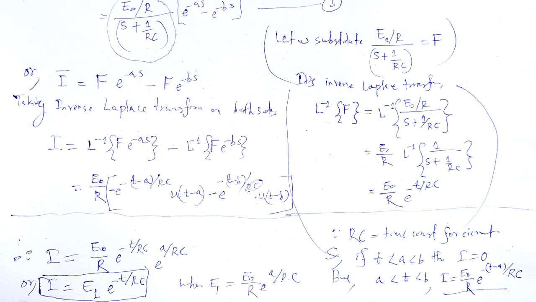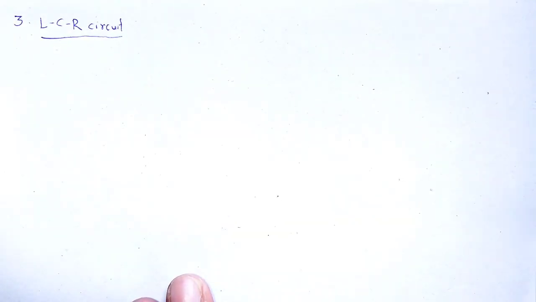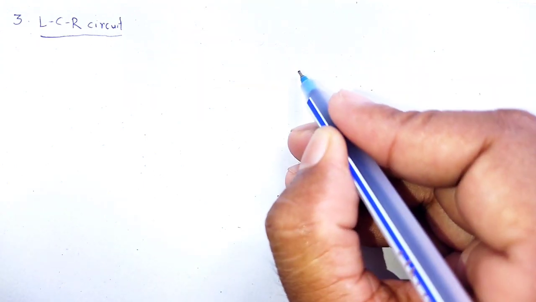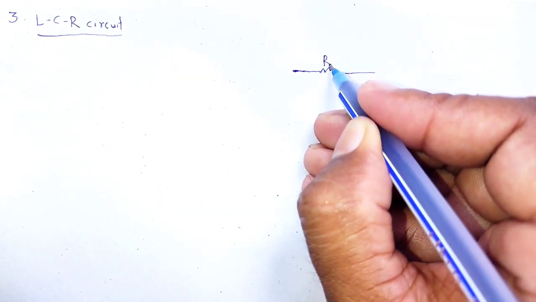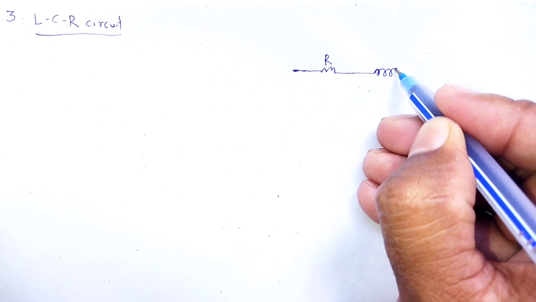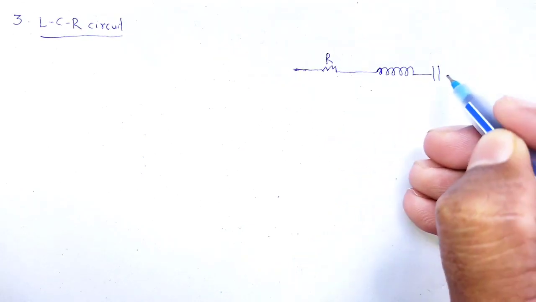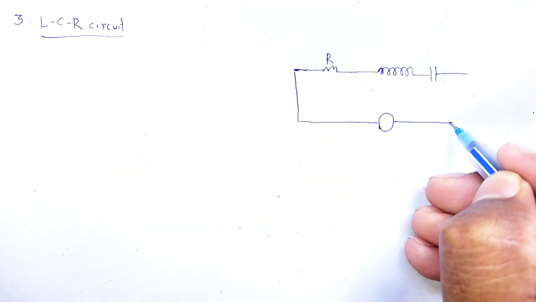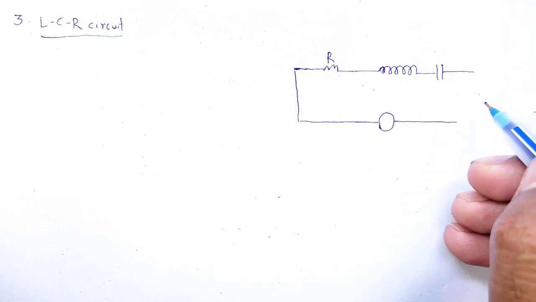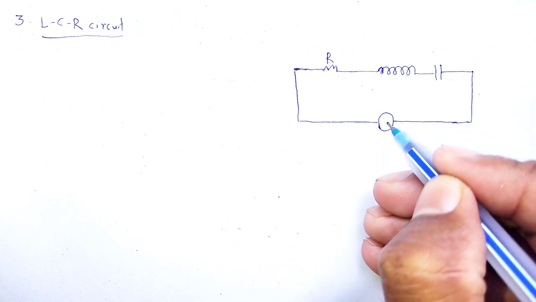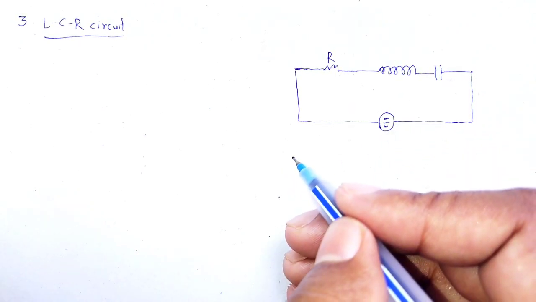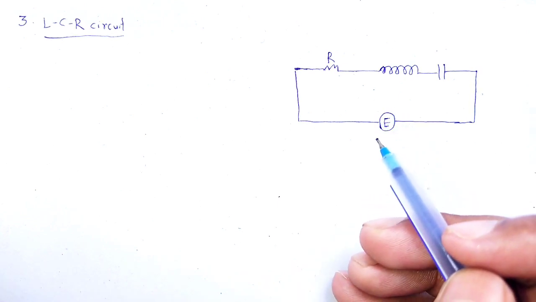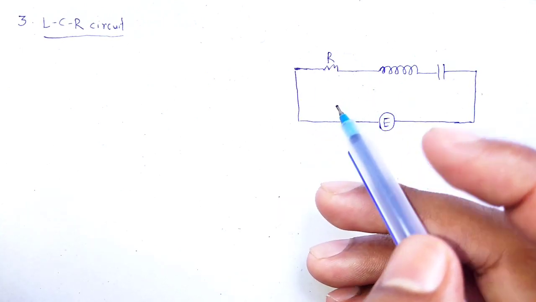Next, for the LCR circuit, what will be the current? Let us refer to a resistor, an inductor and a capacitor connected in series having EMF E, and let us take that an impulsive voltage is applied to that circuit.